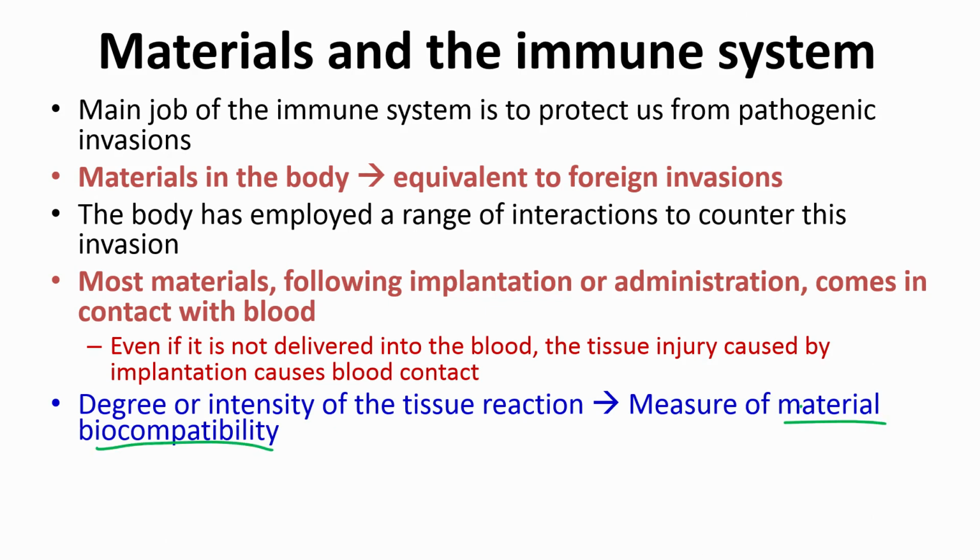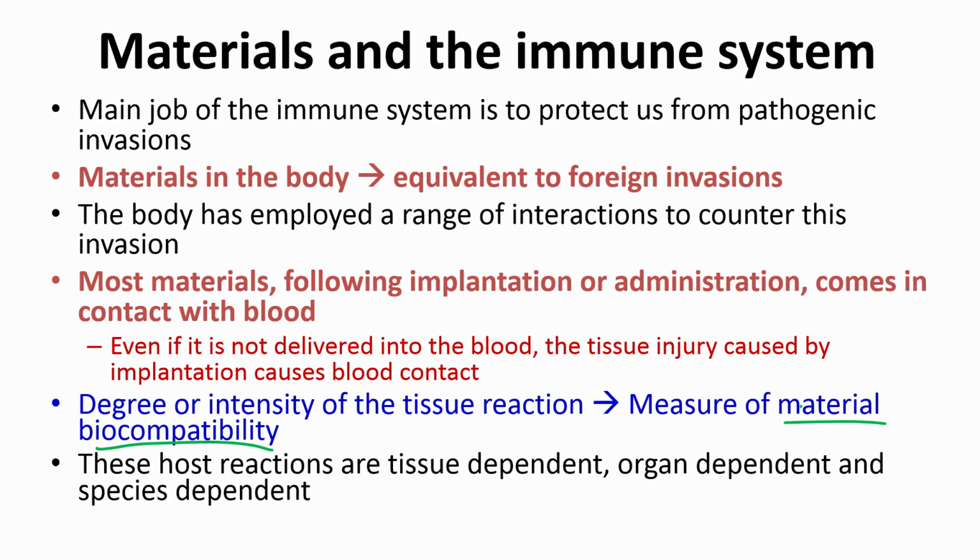So, when you are trying to deliver something which is not to the immune system, you want to make sure that this activation of the immune system is as low as possible, and that would mean that your material is as biocompatible as possible. And these host reactions are again tissue dependent. So, maybe the same material in a certain tissue may cause a lot more response in an organ, in a certain tissue, or in a certain species, and so this is something to be considered.